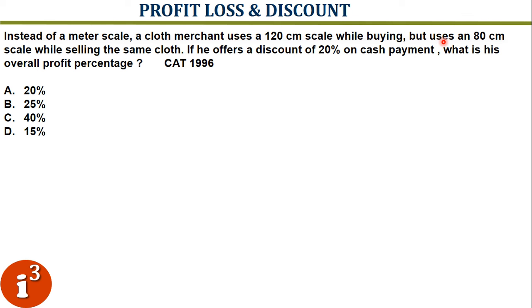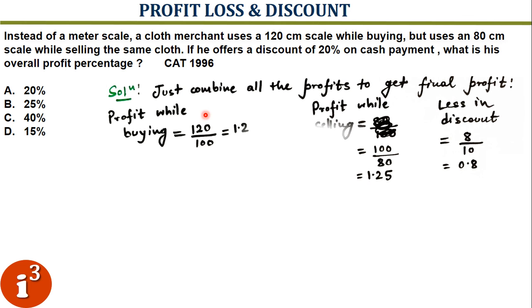So he is making profit two times. After that, he is able to give a discount of 20%, because some shops are not giving discounts since they are not using these methods. So even after giving the discount, what is his overall profit percent? We need to combine all the profits to get the final profit.